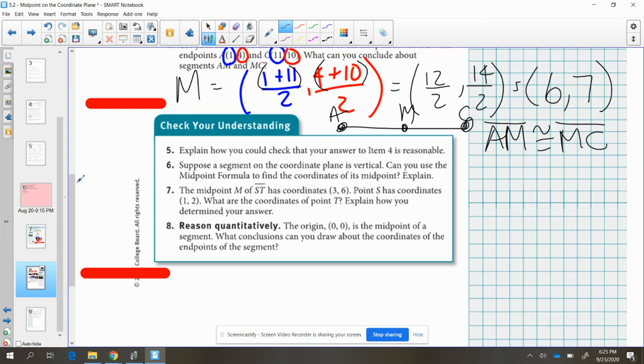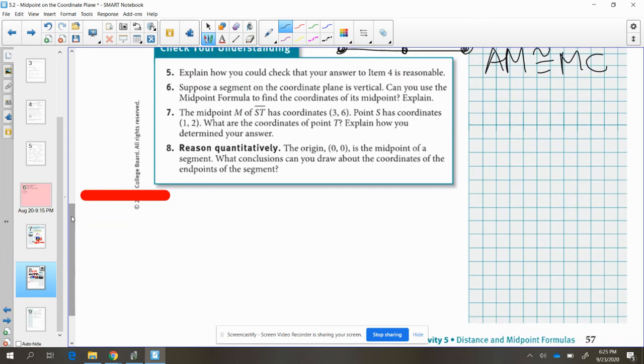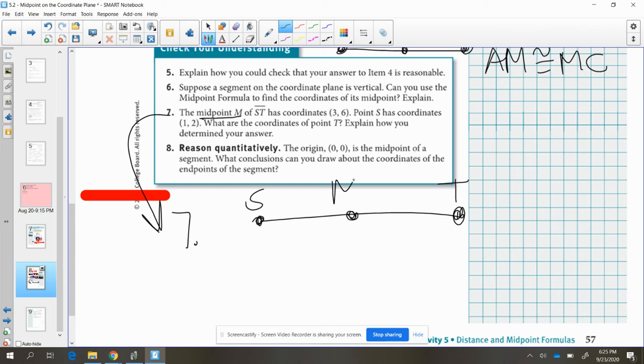The last question that we are going to do is number 7. And 7 is a fun example because they're telling us we have a segment named ST, and a midpoint M, right? Here's our midpoint M on this number line.